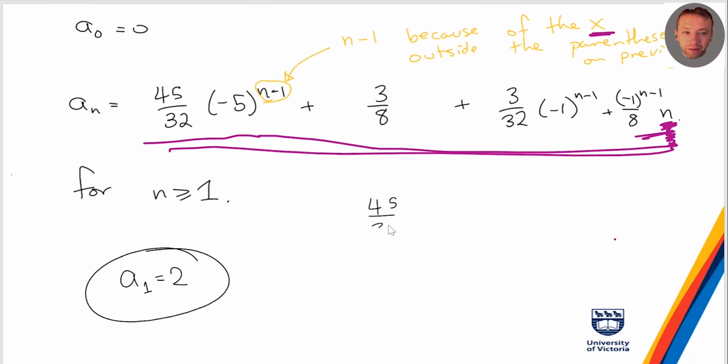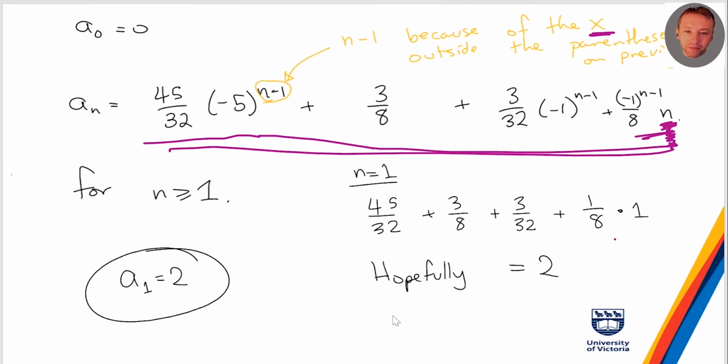You get 45 over 32 from the first term times negative 5 to the 0, so that's fine. Here we're plugging in n equals 1, plus 3/8, plus 3 over 32, again negative 1 to the 0, plus negative 1 to the 0, so 1 over 8, and then times n, which is 1, and hopefully it's equal to 2.